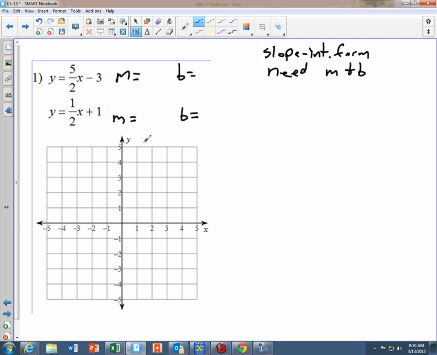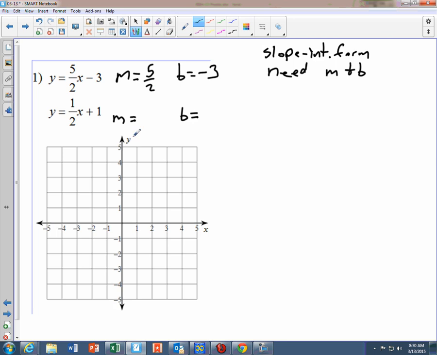When I say go, tell me what the b is in the first equation. On your mark, get set, go. -3. When I say go, tell me what the m is. Get set, go. 5/2. Don't say the x.